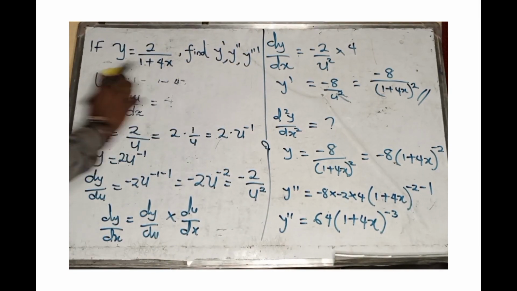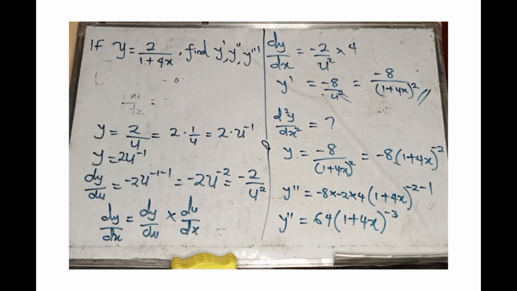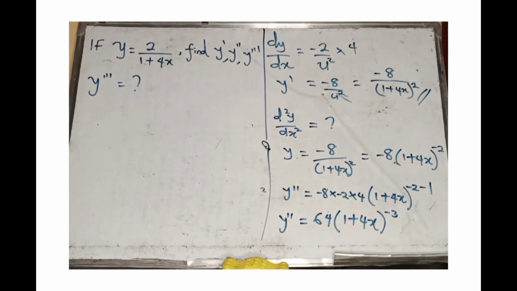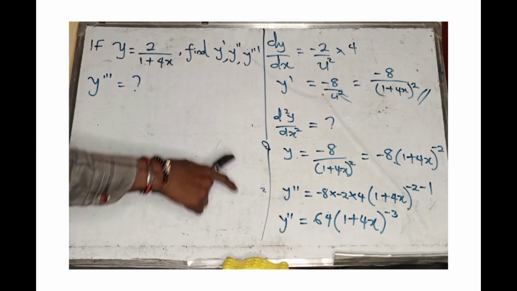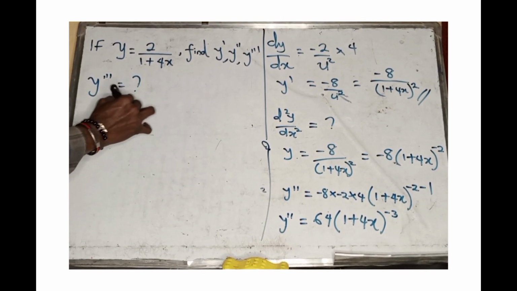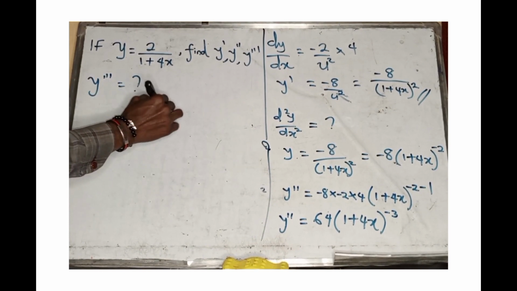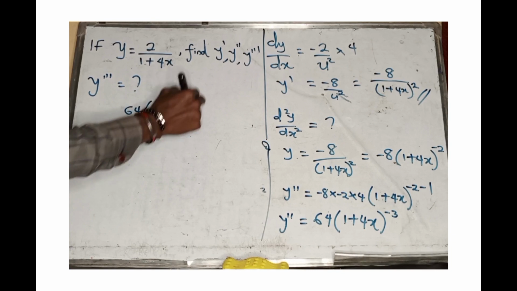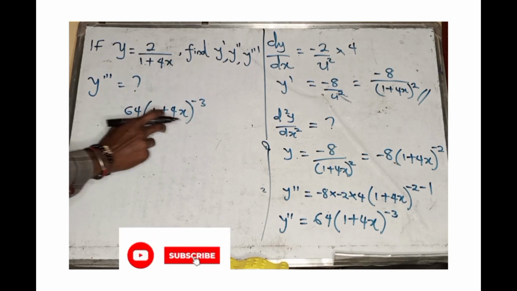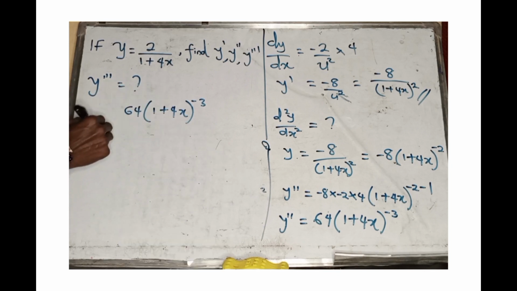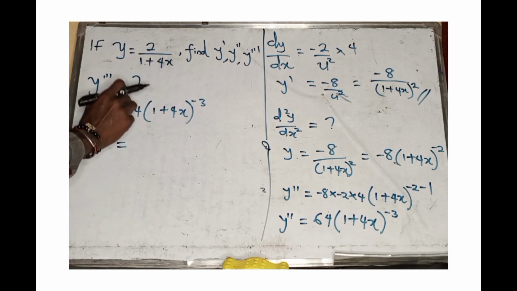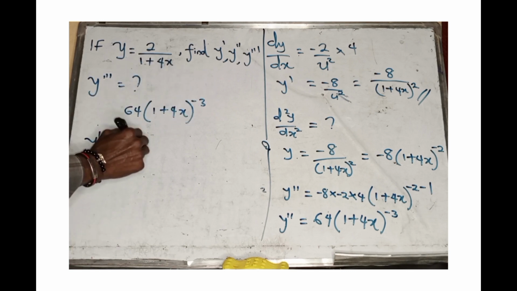So next now, let me get the final one. Now since I have my y prime prime to be this, I want to differentiate 64, then in bracket 1 plus 4x, then power minus 3. This is the value of my y prime prime. Alright, good. Let me differentiate this one. If I differentiate this one here, what do I have, guys? 64.